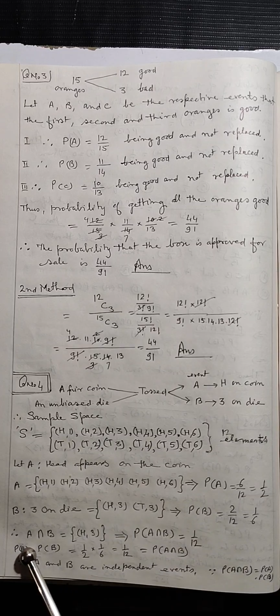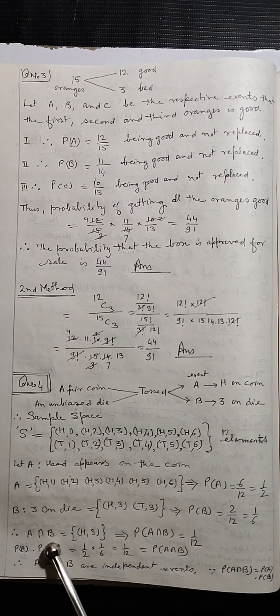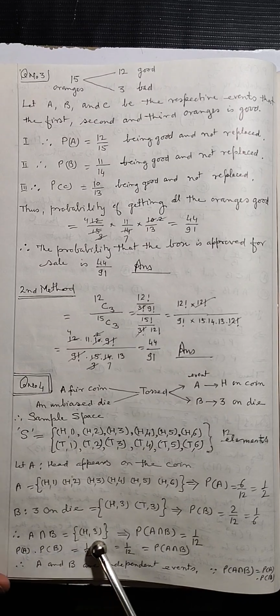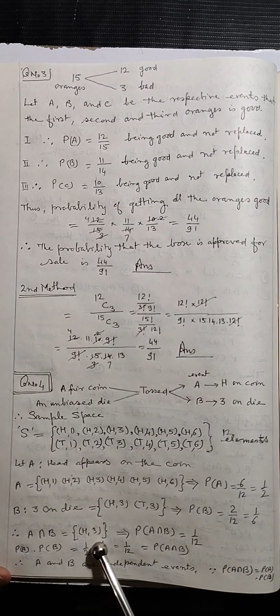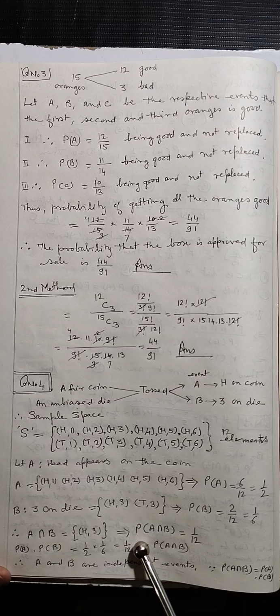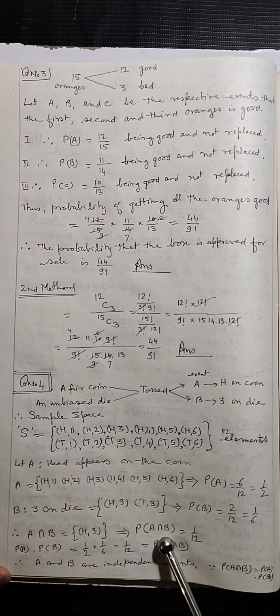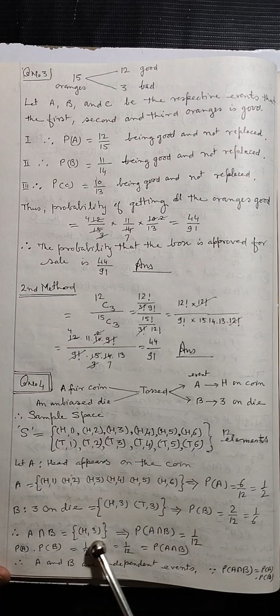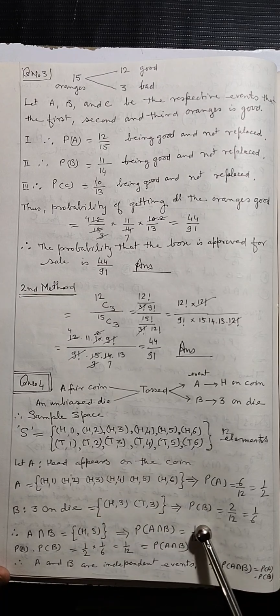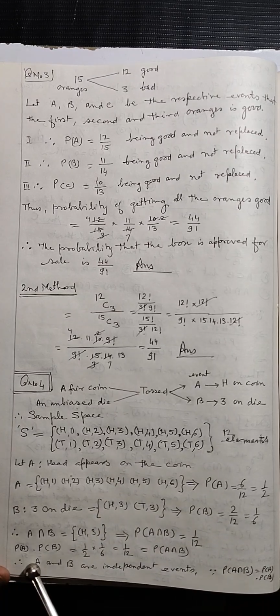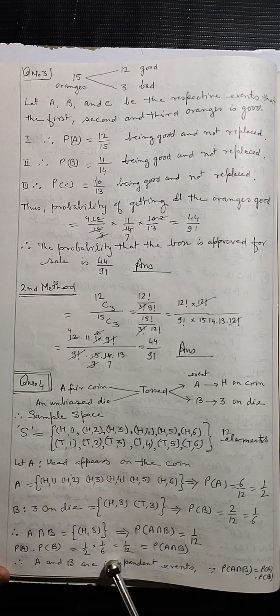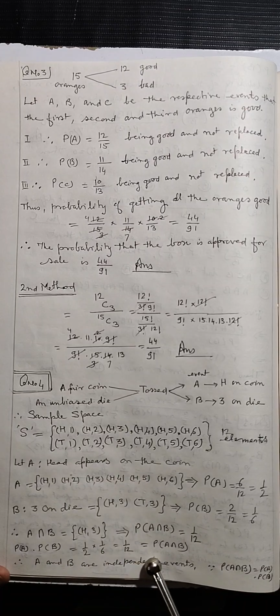Therefore, the A intersection B will be equal to H3 and probability of A intersection B will be equal to, here element is only 1, that is H3, so 1 by 12. So probability of A into probability of B is equal to 1 by 2 into 1 by 6, that is 1 by 12.